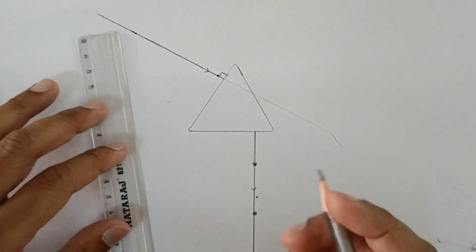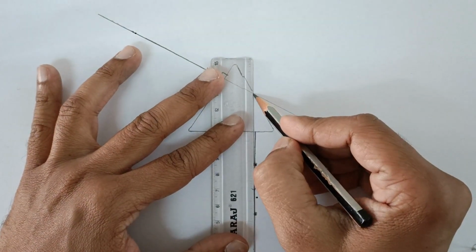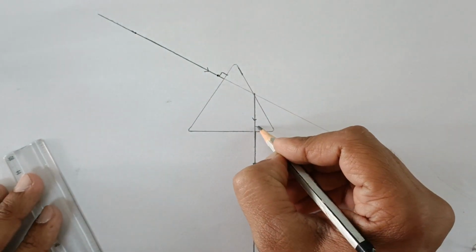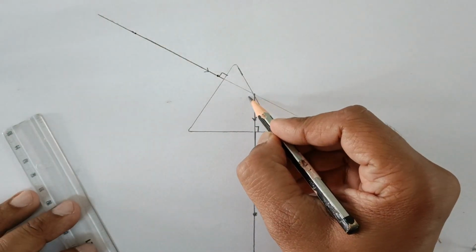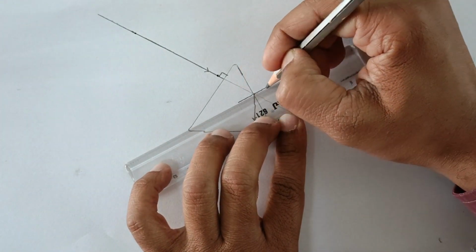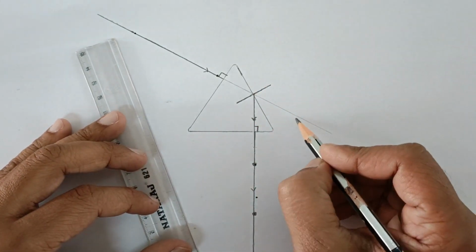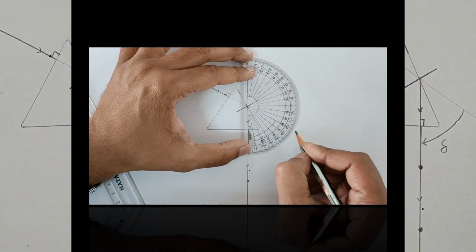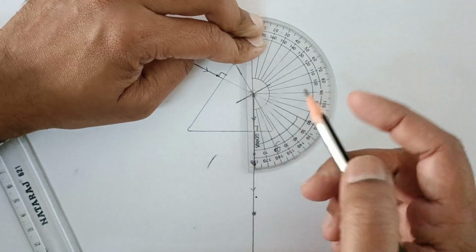This will give you the angle of deviation. Placing the protractor and measuring the angle of deviation, which turns out to be 60 degrees.